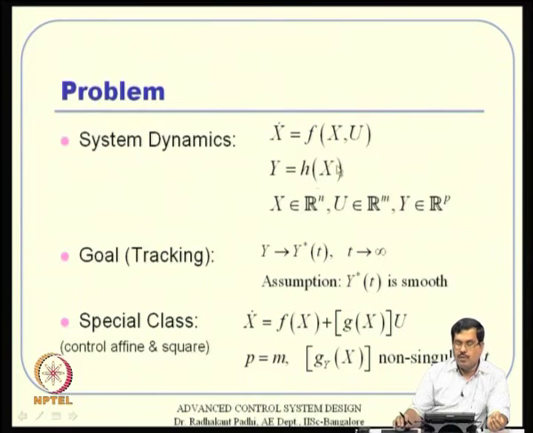For example, if you want to land an aircraft, then height becomes a performance output, but you may or may not measure the height directly. You may be able to measure the range and the bearing angle, and the height information is indirectly there in that. So you may not measure the height directly as such. This may or may not be a sensor output.